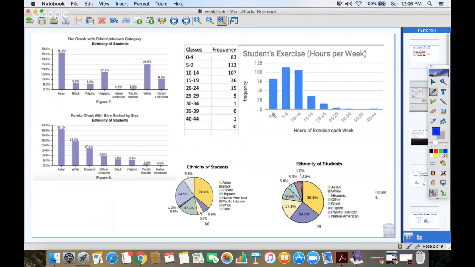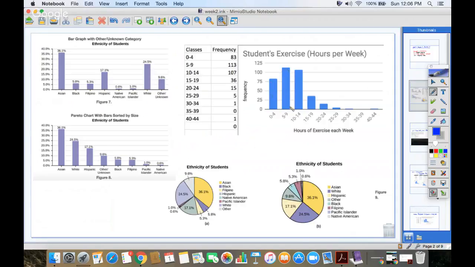A special kind of bar chart based on a frequency distribution table is called a histogram. And so that's what I have here. I'll go a little more into histograms this week, and so will you. So here I'm looking at students' exercise, how many hours per week they exercise, and over 75 of the students that were surveyed had 0 to 4 hours of exercise.